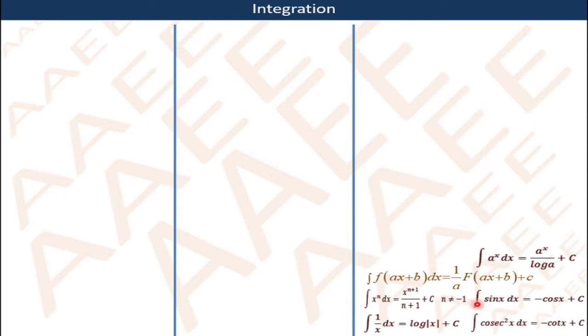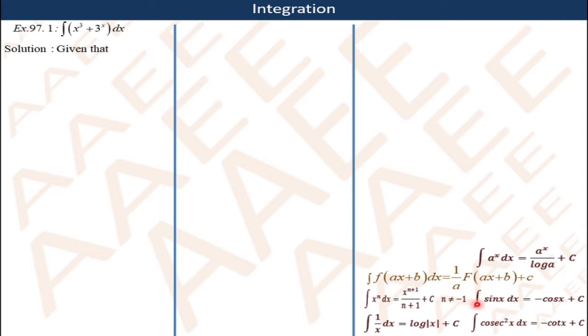With the help of these identities or standard formulas of integration which you have studied in the first session, we are going to solve the given examples of integration. First one, example number 1 from page number 97, integration x cube plus 3 raised to x dx.